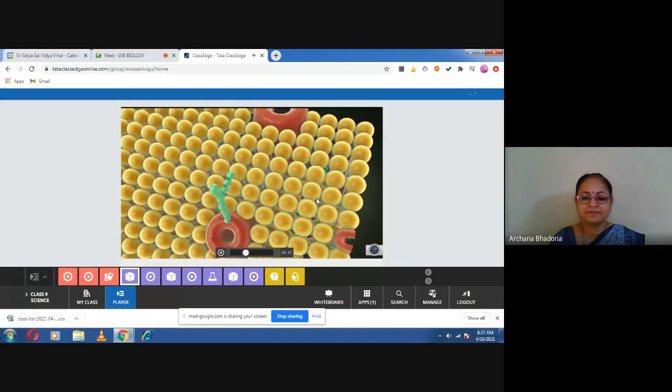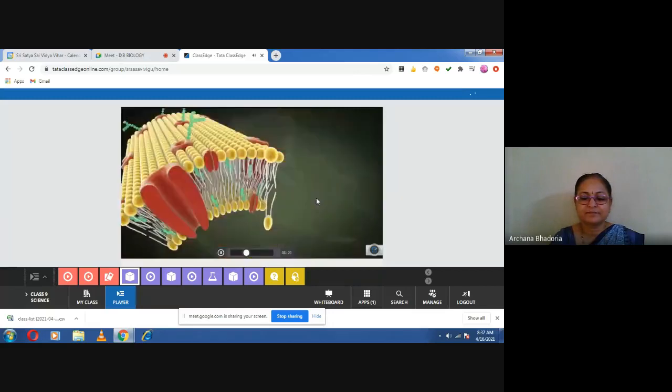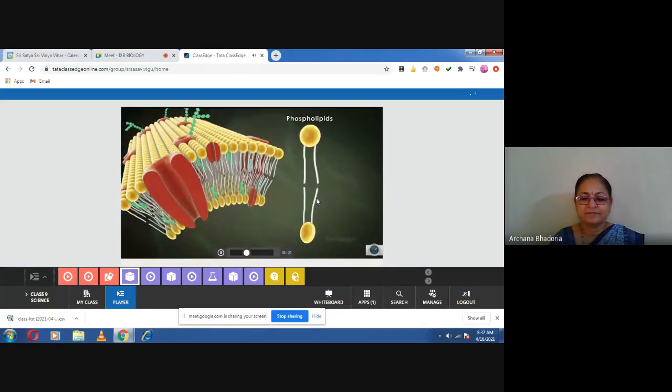Within the bilayer, phospholipids are arranged in such a way that their hydrophilic phosphate heads face out from the cell membrane, while the tails of hydrophobic fatty acid face one another in the middle of the bilayer. The phospholipids have non-polar tails.